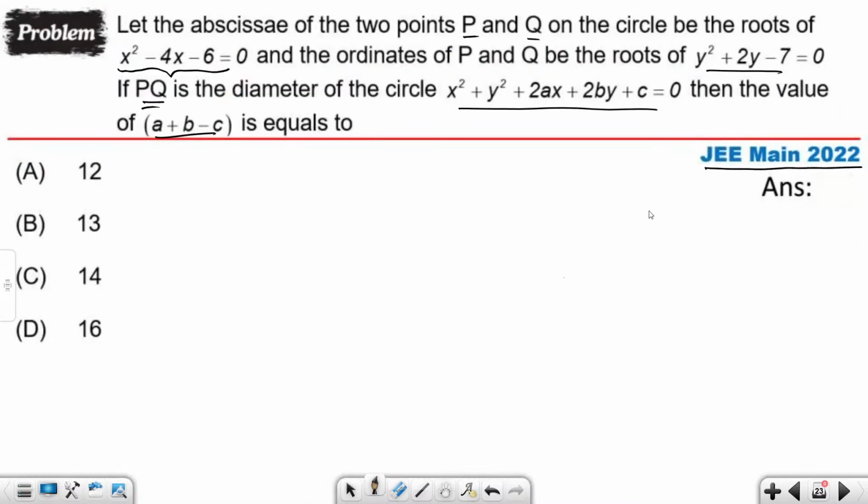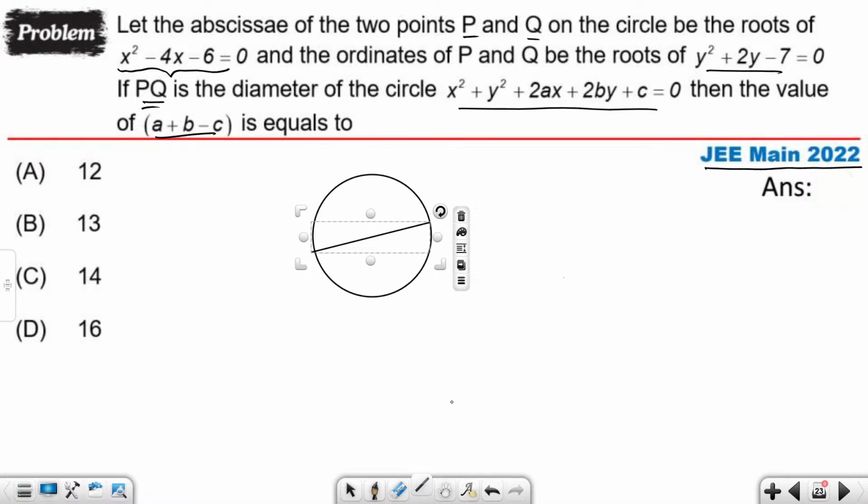So in this question, the circle is given, and this diameter is given, whose extremities are, let us say, x1, y1, and x2, y2.